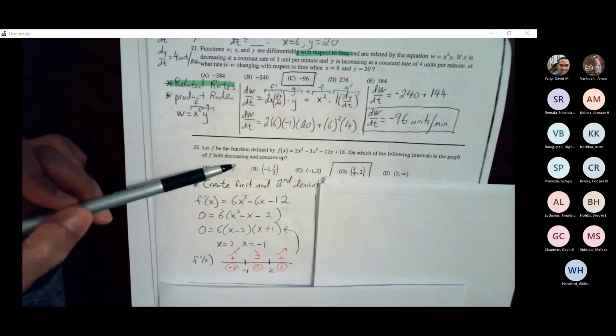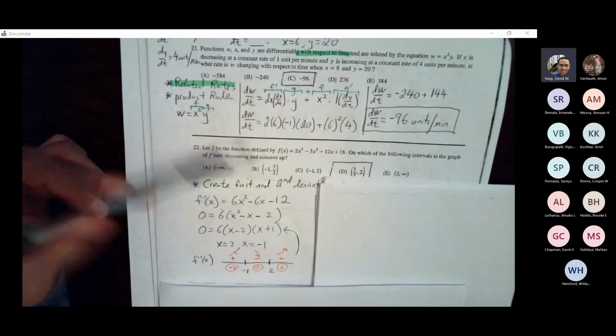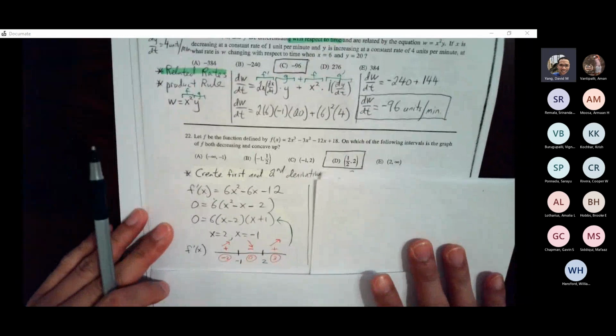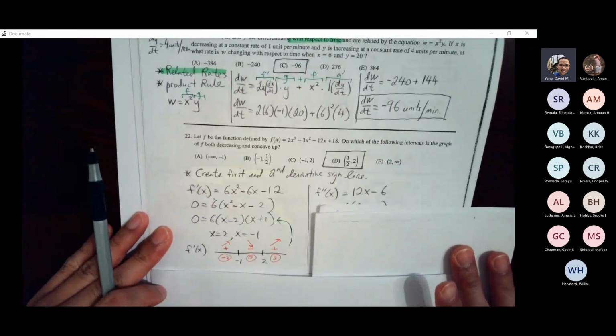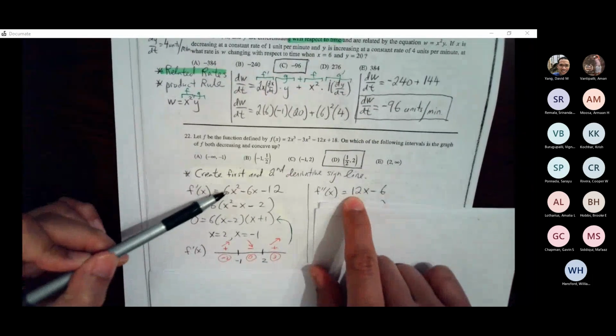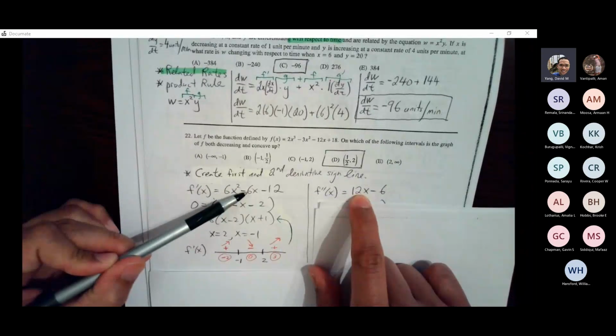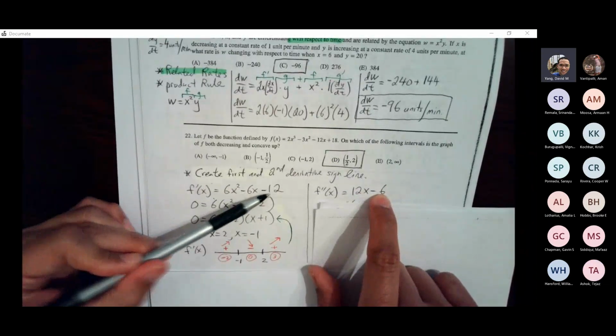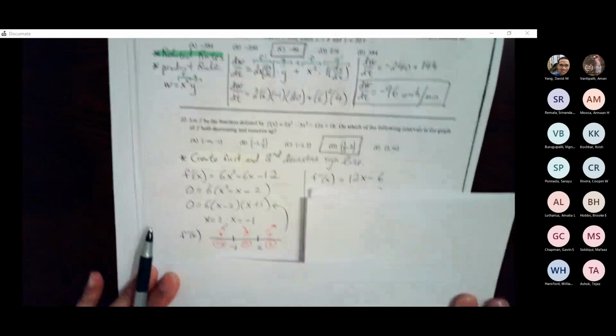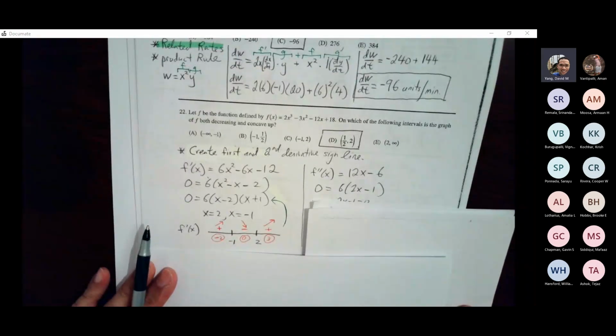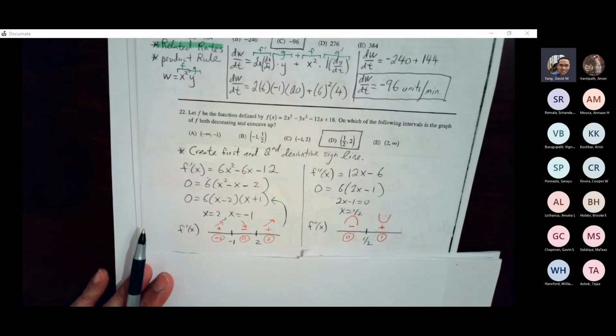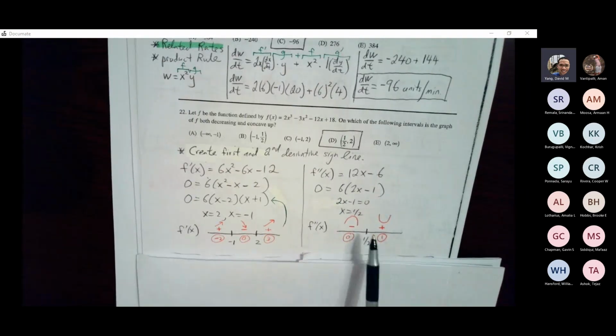Okay. Now we need to pair this up with concavity, concave up. So we have to make our way to the second derivative. So f double prime. 6x squared becomes 12x, 6x becomes 6, and 12 goes away to 0. Okay. Set our second derivative equal to 0, factor out a 6, find our critical point, and we get 1/2. Right.